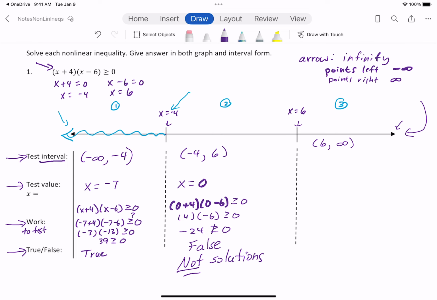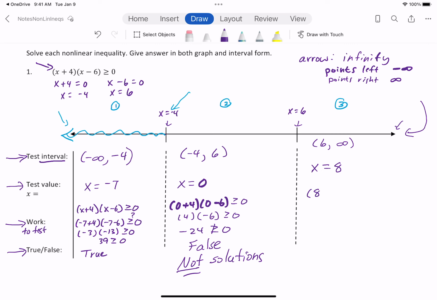All right, so we got one more region. We need a value this time that is larger than 6. And again, you can pick any number to test that's bigger than 6. I chose to use 8. You can use 7, 15, 150, anything that's bigger than 6. Okay?